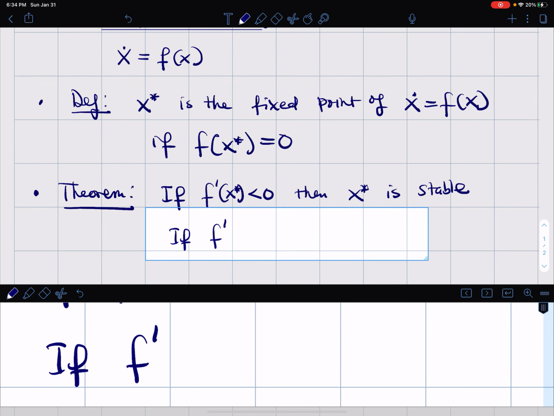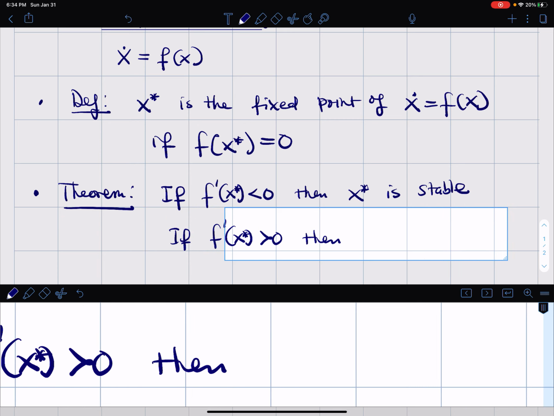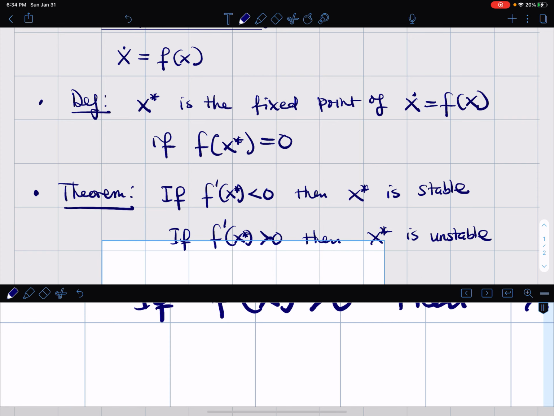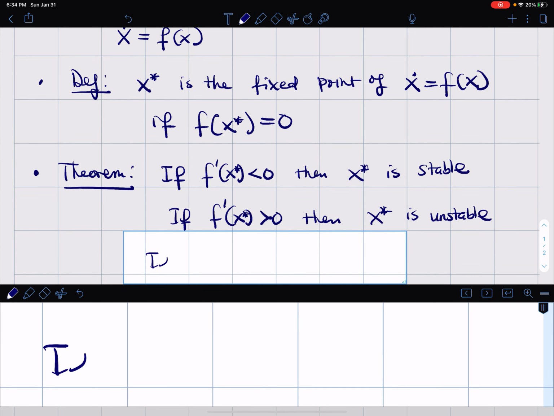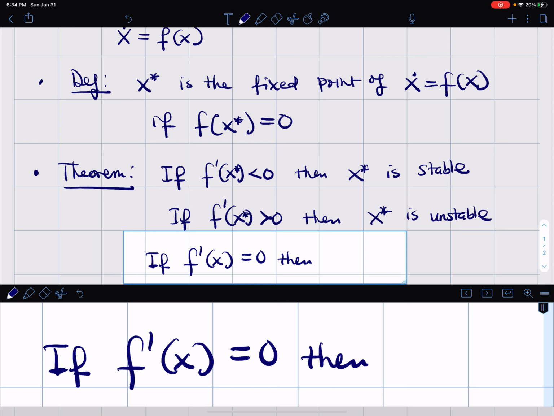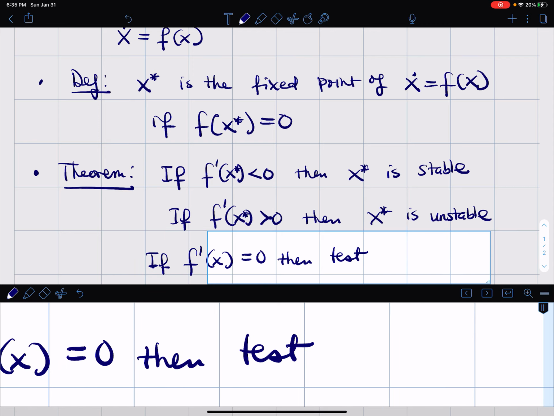If f prime of x star is greater than 0, then x star is an unstable fixed point. Now, if f prime of x star is equal to 0, then the test is inconclusive.